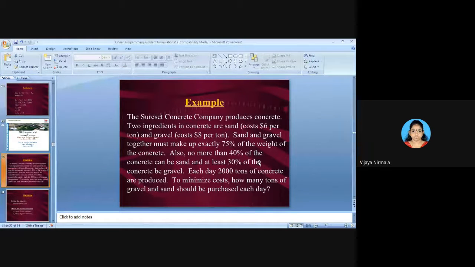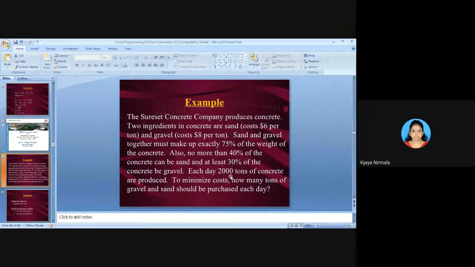Already they have given that each day 2000 tons of concrete is produced, and among that, sand and gravel must make up exactly 75% of the weight of concrete. So what is the weight of concrete here? The weight of concrete is 2000 tons.